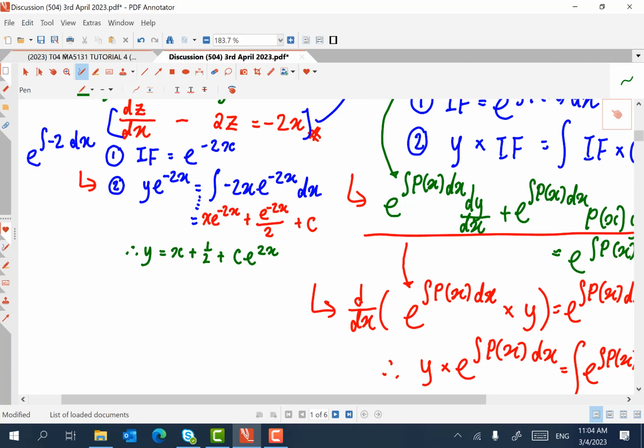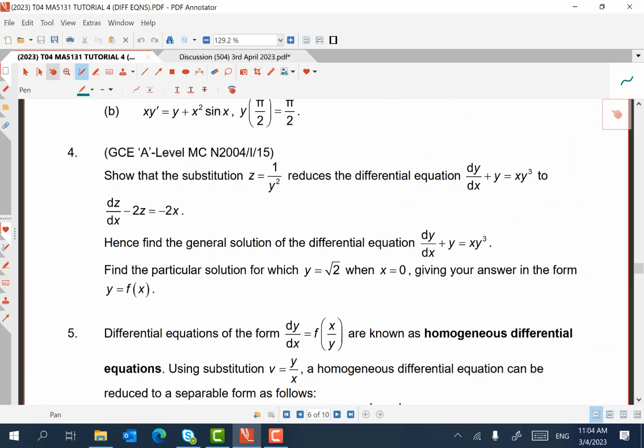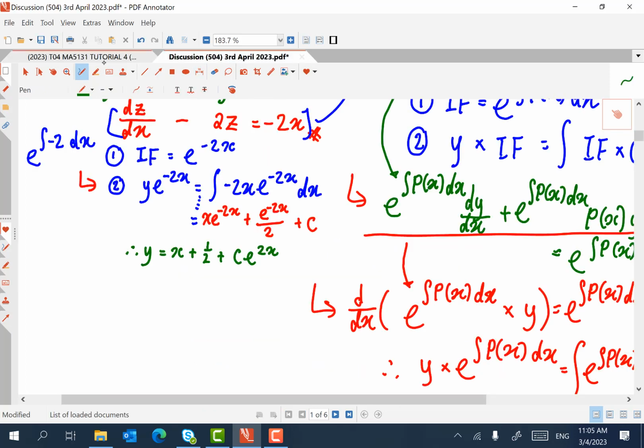Okay, this question, they give you a condition. They say that y0 equals root 2. Okay, y0 is equal to root 2. Use... Did I make any mistake?